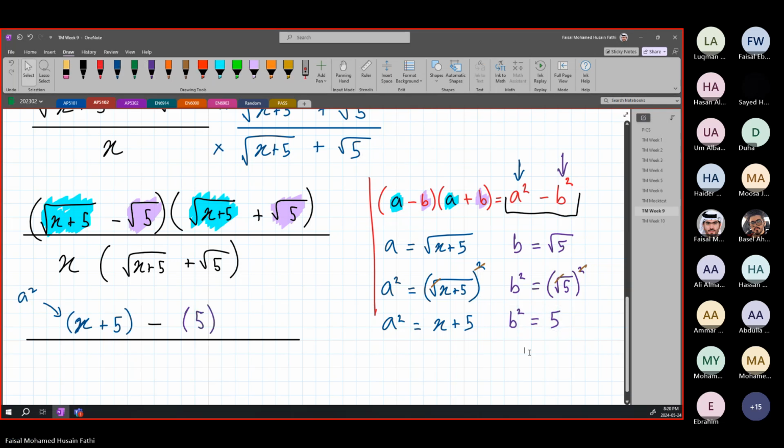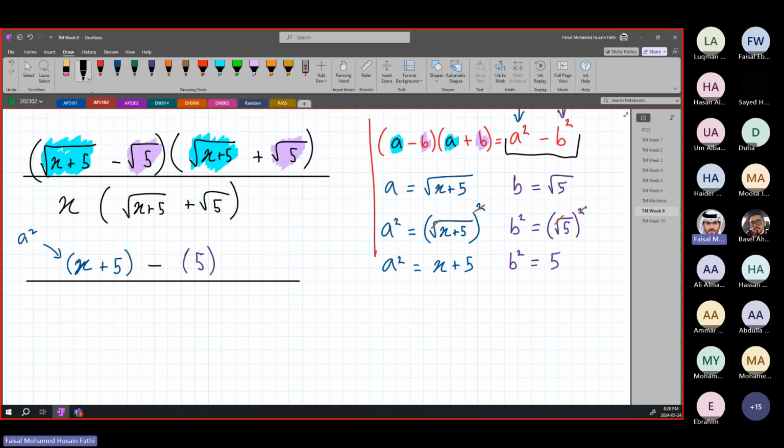All right, so we have x plus 5 minus 5. And at the bottom, it's going to stay the exact same way. This 5, again, this is just our b squared. We're using this equation so we put it back in. And at the bottom, we will leave it as it is. So it is going to be x into square root x plus 5 plus square root of 5.